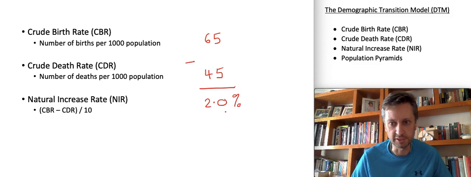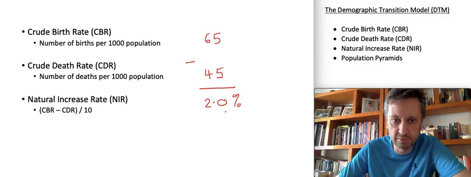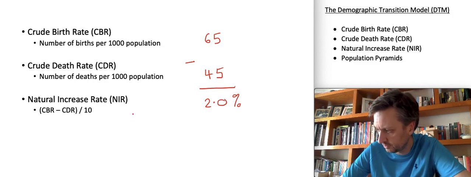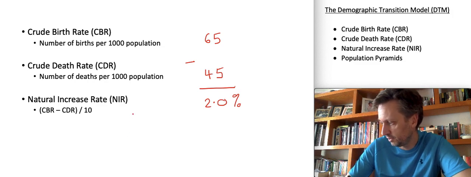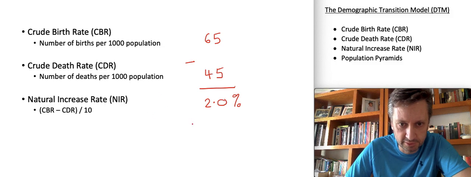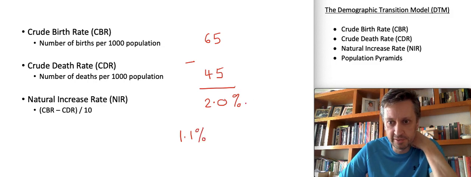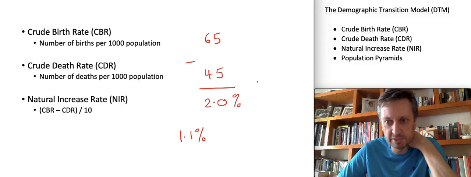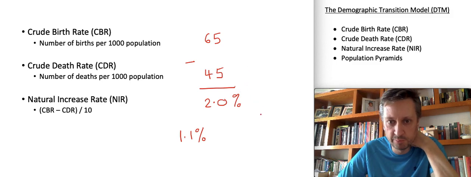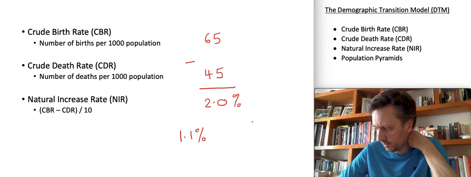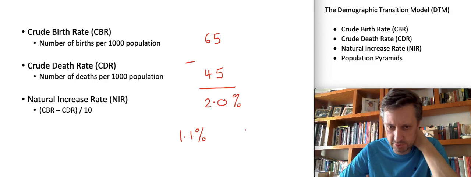That's actually quite high. The global natural increase rate at the moment, Google is our friend, and I Googled it just before I started this. The current natural increase rate globally is 1.1%. I Googled again. In the early to mid 1960s, just after the baby boom, the global natural increase rate was about 2.5%.